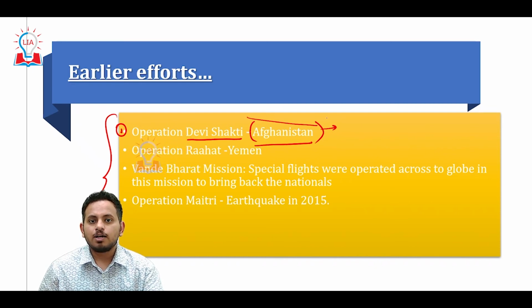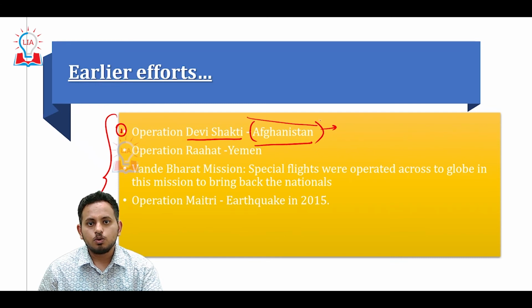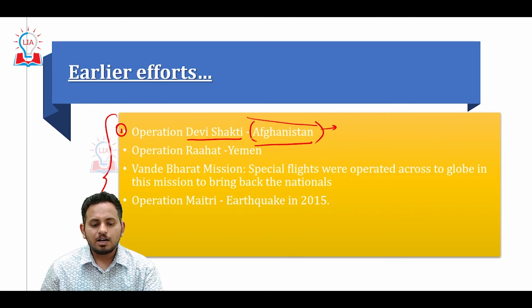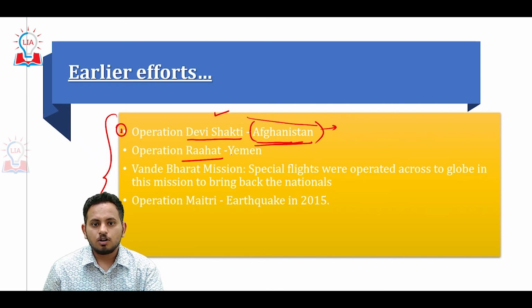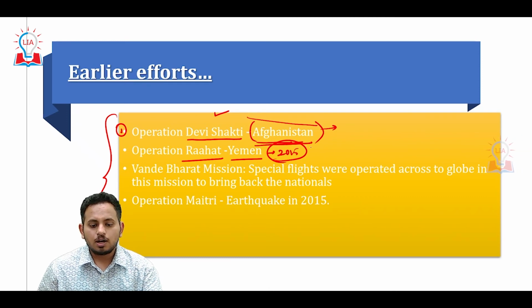When the democratically elected Afghan government fell under pressure from the Taliban, the Indian government wanted to evacuate its citizens from Afghanistan. That is when India launched Operation Devi Shakti. Operation Rahat was in Yemen in the year 2015 when Houthi rebels took control of the Yemen city, and that is when India launched Operation Rahat to evacuate its citizens.